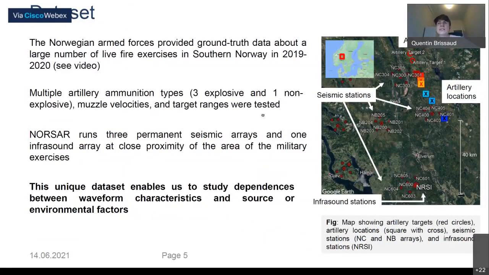We take advantage of a data set of infrasound and seismic waveforms. The artillery location is in southern Norway, and we have an infrasound array in the south of these artillery locations, and some seismic stations deployed nearby.